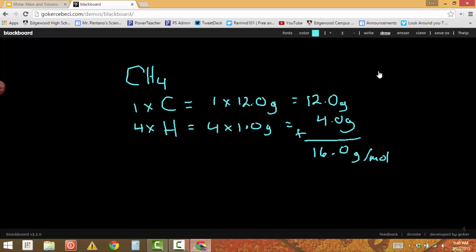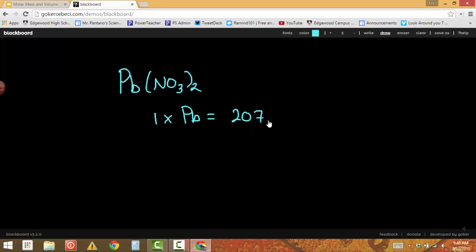Okay, that's how you find the molar mass of a compound. Now be careful. If, for example, you have a compound like lead(II) nitrate, Pb(NO3)2, when you're figuring out what's in there, well, I've got 1 lead, so 1 times the molar mass of lead. Go to the periodic table, find lead, 207.2 grams.